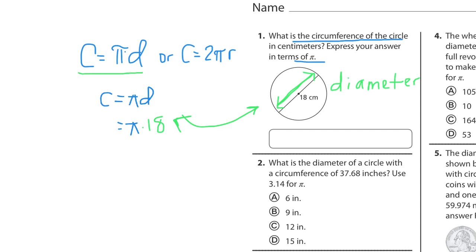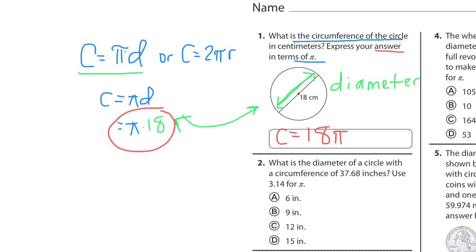So once we have the formula with our numbers from the diagram, we need to look at how they want you to express your answer in terms of pi. So this answer is in terms of pi. We just have to rearrange the numbers so that we get 18 pi is the circumference. So C equals 18 pi.